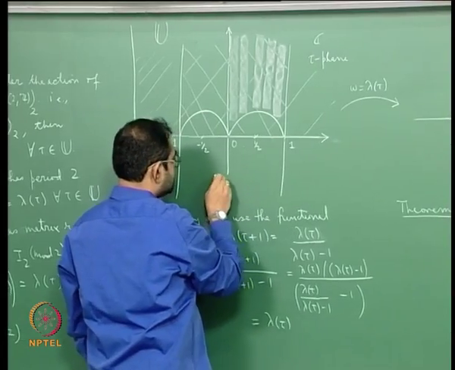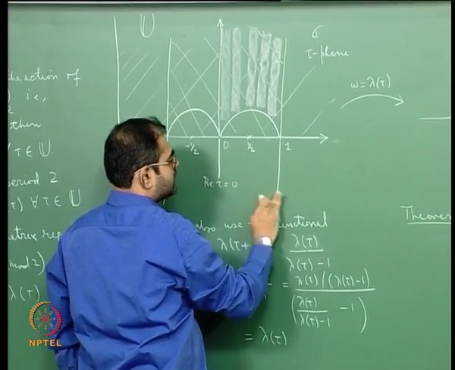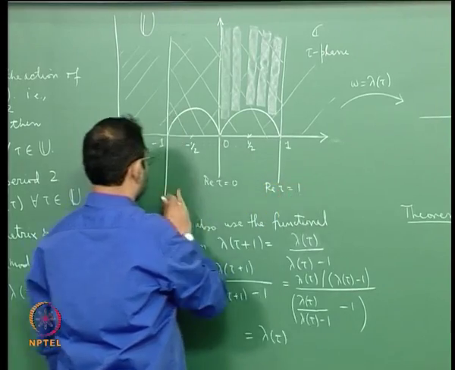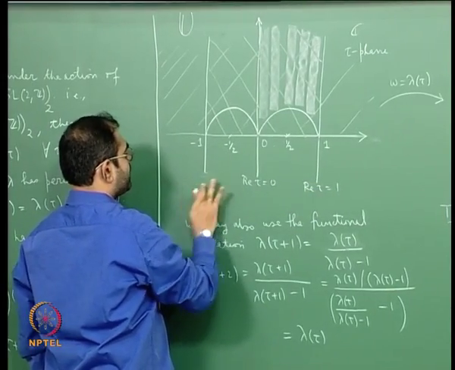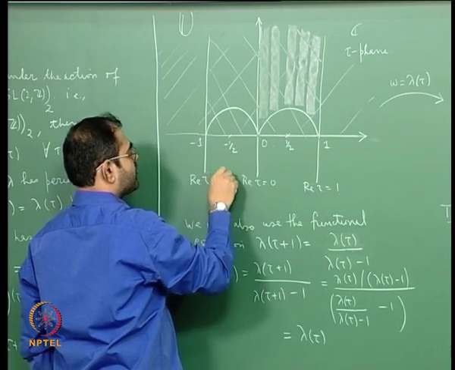So this is real part of tau equal to 0, this line is real part of tau equal to 1, and this line is real part of tau equal to minus 1.